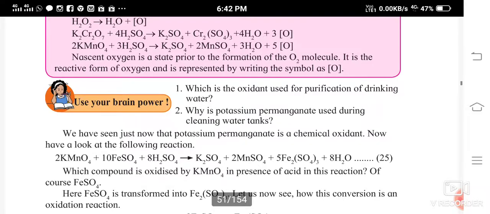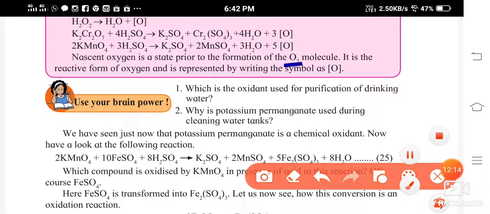Nascent oxygen is a state prior to the formation of the oxygen molecule. So before the formation of the O2 molecule, nascent oxygen is formed. It is the reactive form of oxygen and it is represented by writing the symbol O.